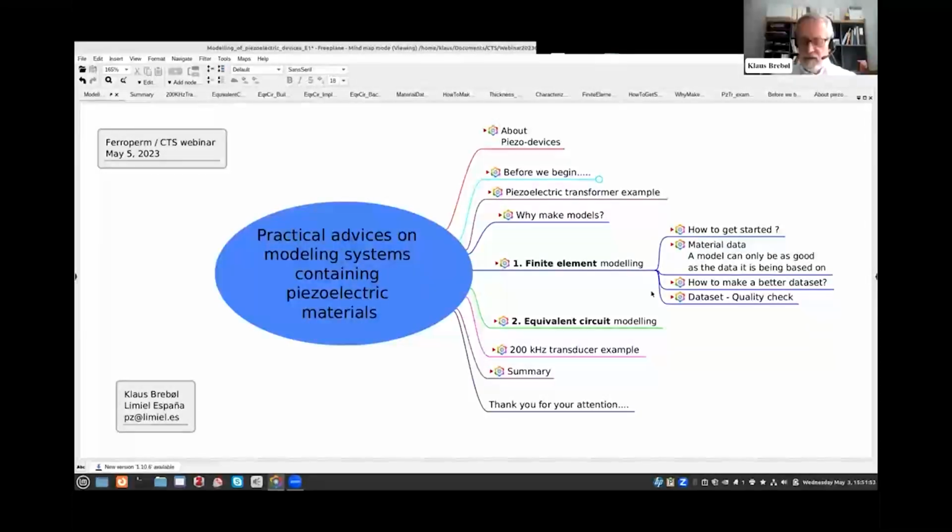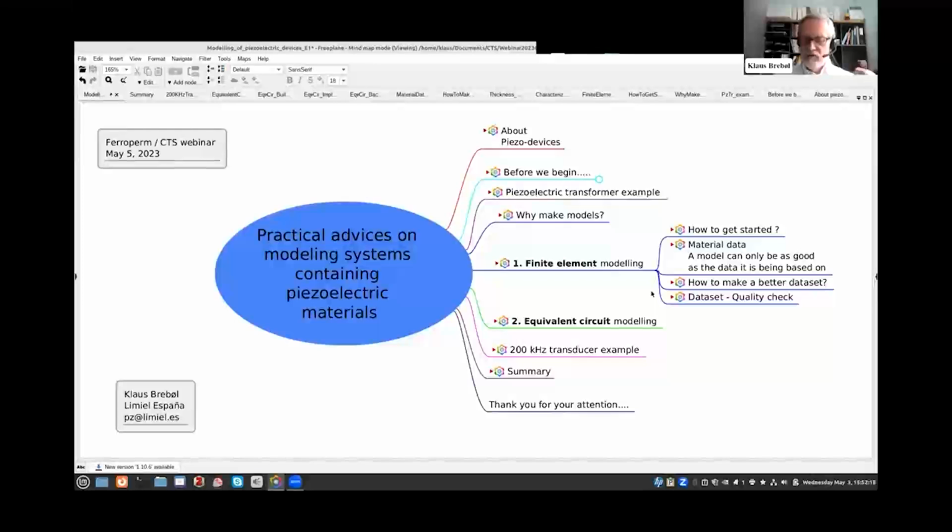And for me, of course, the most important part is the total amount of losses in a model. Now I have been working quite a bit with piezoelectric transformers, and they are limited by the heating, at least the step-down transformers.